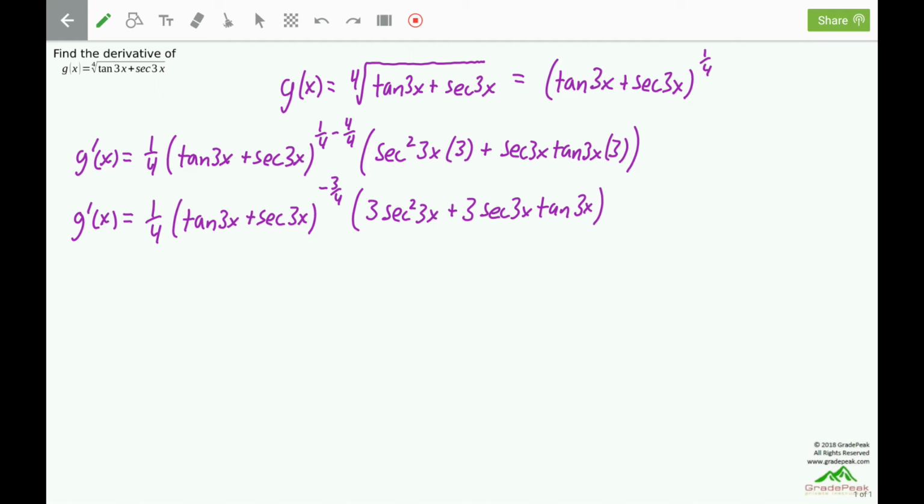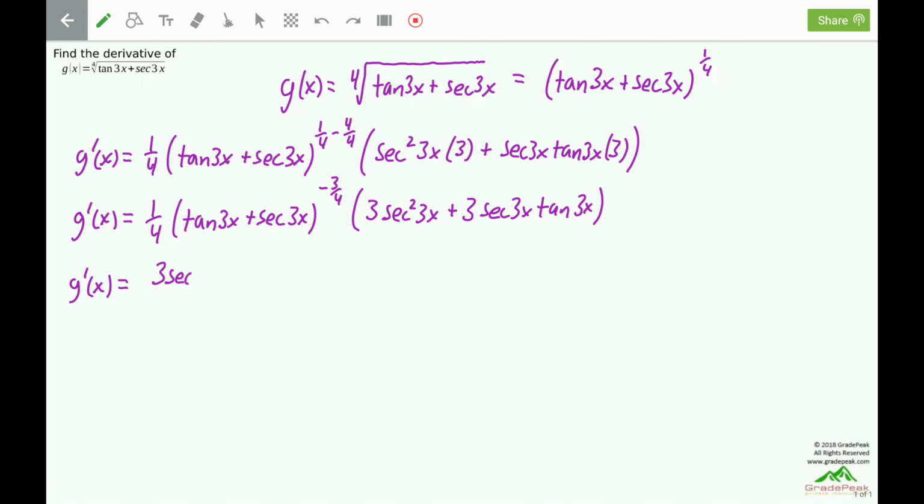The next thing is to move that negative exponent to the denominator. There's already a 4 in the denominator in the 1/4. It'll move down there with the 4. So g prime of x can now be written as, the numerator will be 1 times this entire expression. 1 times that is that, so I would just have that in the numerator.